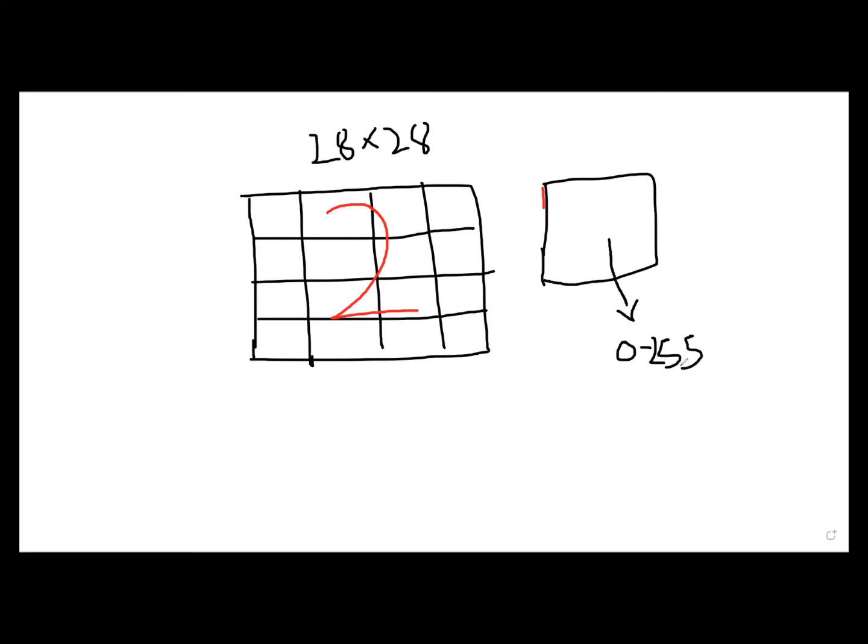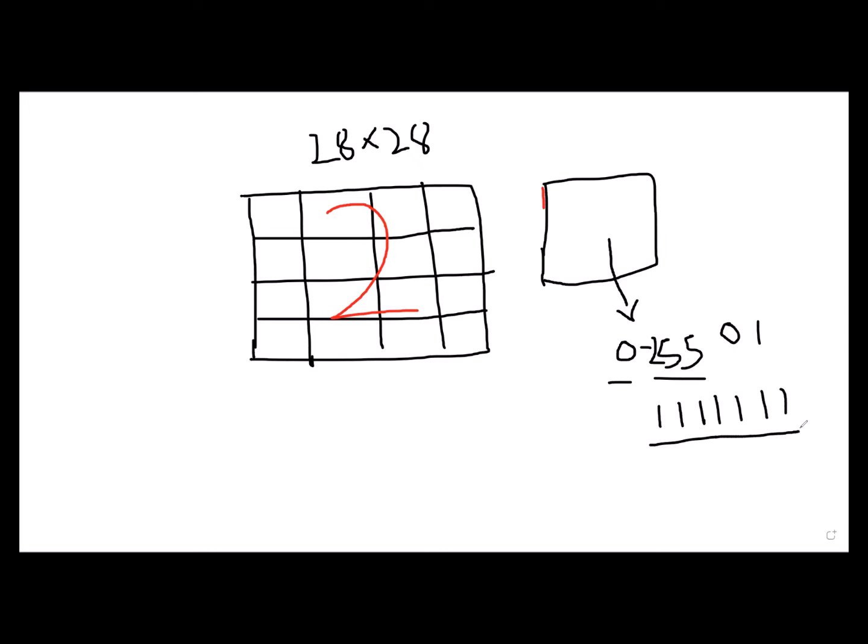In the computer, we store that image as 0 to 255. That is one pixel of image information. Why do we store 0 to 255? Because the computer can understand only binary numbers. How does the computer know whether it is 0 or 1? This is the binary 255. 255 does not mean it is decimal 255.